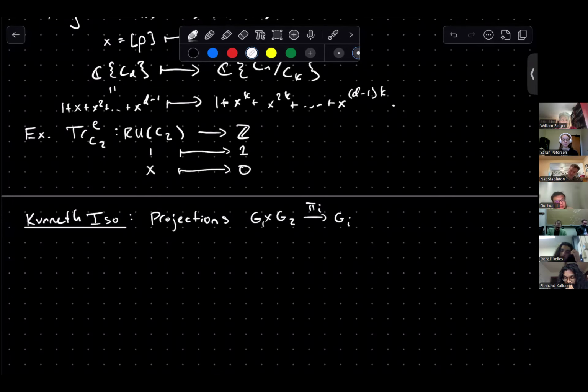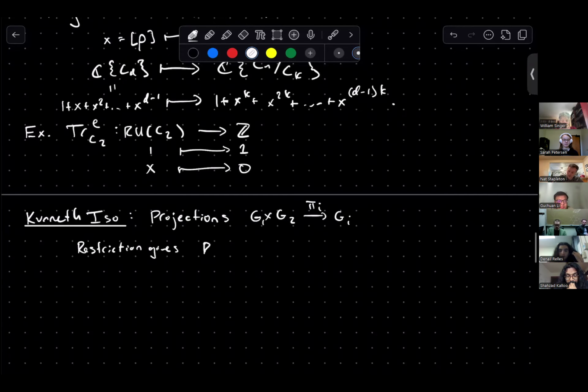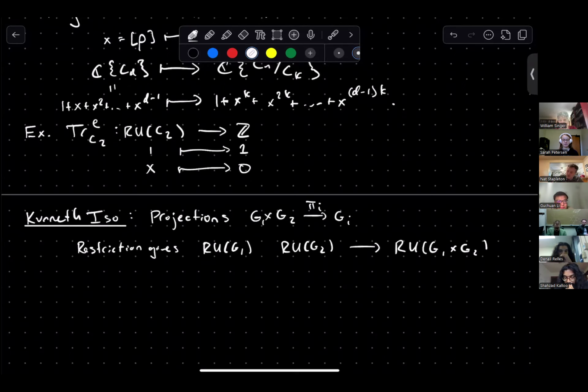So the restriction gives a map from RU of G1 to RU of G1 times G2. And I also get a map from RU of G2 to RU of G1 times G2.